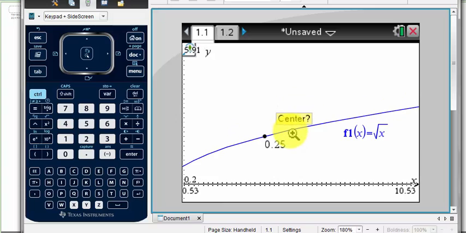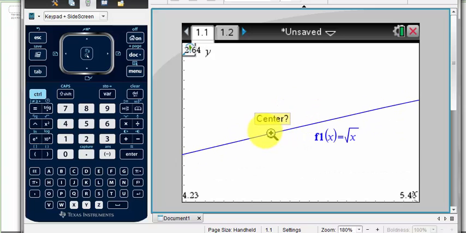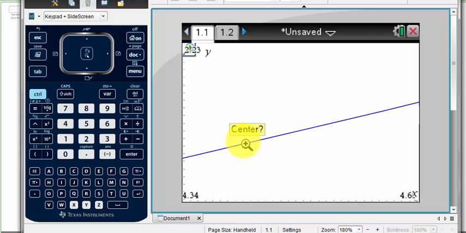I'm just going to pick right here. Zoom in, zoom in, zoom in. If you're zooming and the curve appears to become linear as you zoom in really close, it's safe to say that that graph is differentiable at that point.